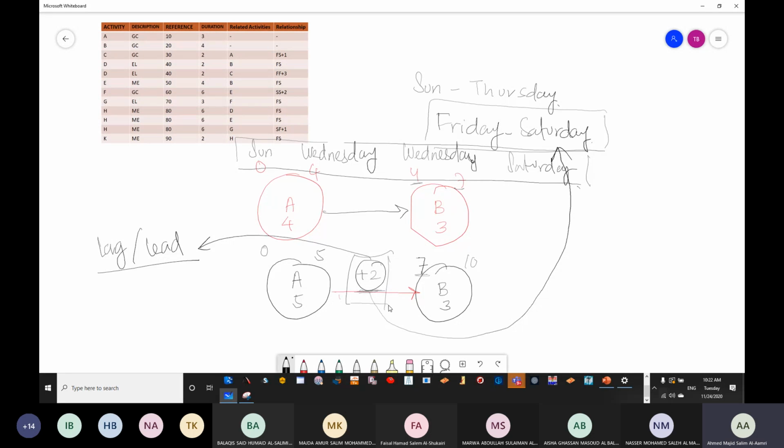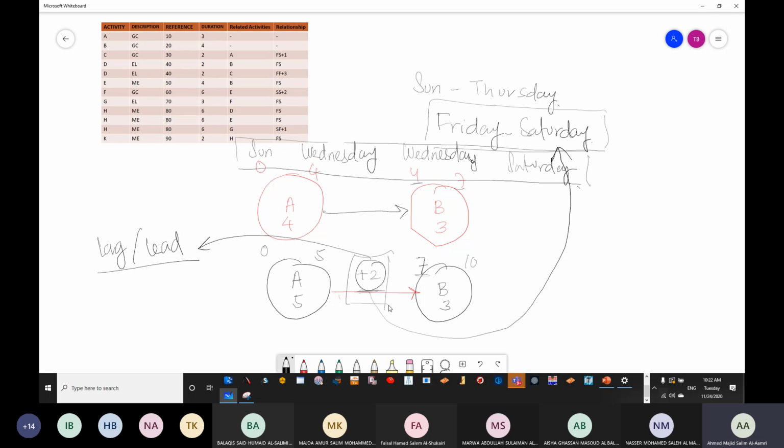So your plan is going to be totally different from the actual thing. In the actual, we are working only on the working days, while if you are using the ADM, you are not showing any difference between working days and non-working days.